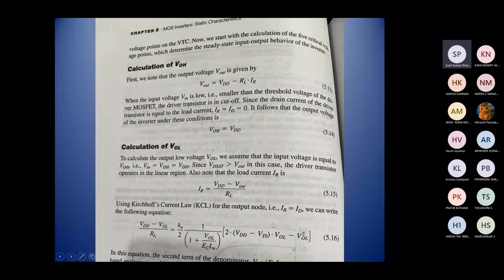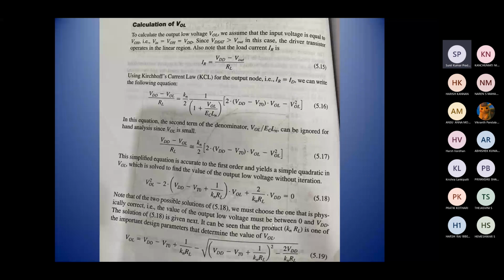So if we continue determining VOL, to calculate the output low voltage, we assume that the input voltage is equal to VOH, which is equal to VDD. Since VDSAT, the saturation voltage, is greater than the output voltage, in this case the driver transistor operates in the linear region.